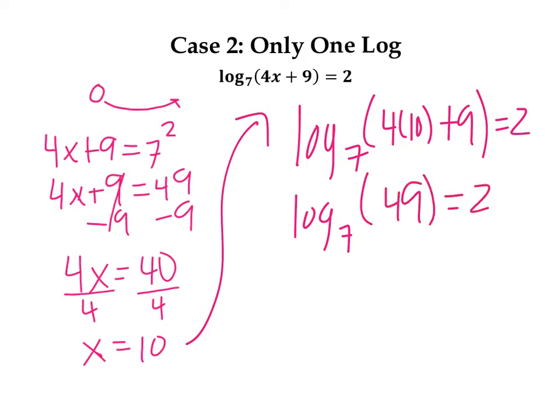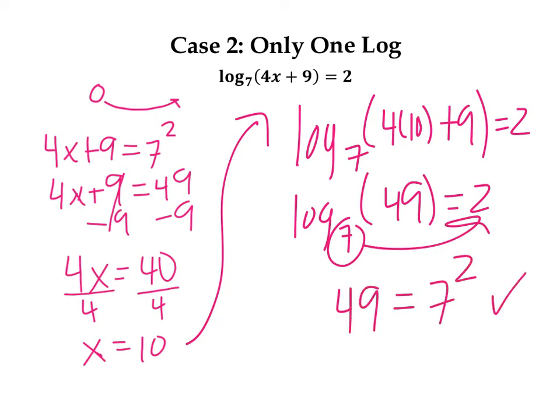Are these 2 statements correct? Well, if we convert this, again, log to the other side, we have 49 equals 7 squared, and that is true. This is why it's so useful to be able to convert from log to exponentials, so you can get rid of the log immediately. Because this is correct, we have our solution at x equals 10.